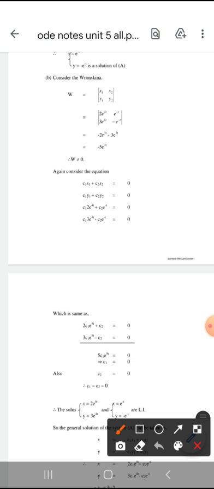Again, we consider two equations: C1 x1 + C2 x2 = 0 and C1 y1 + C2 y2 = 0. We know the values of x1, x2, y1 and y2, so we substitute those values.